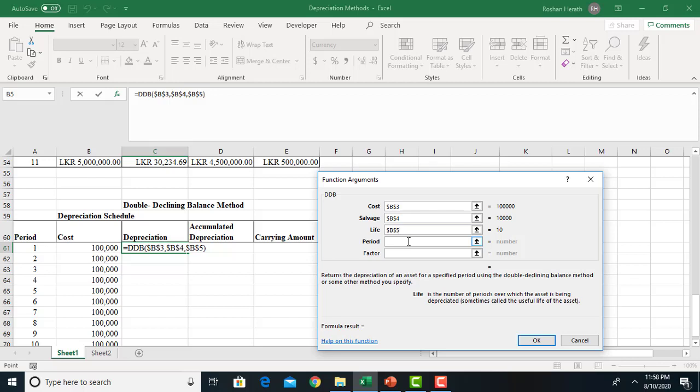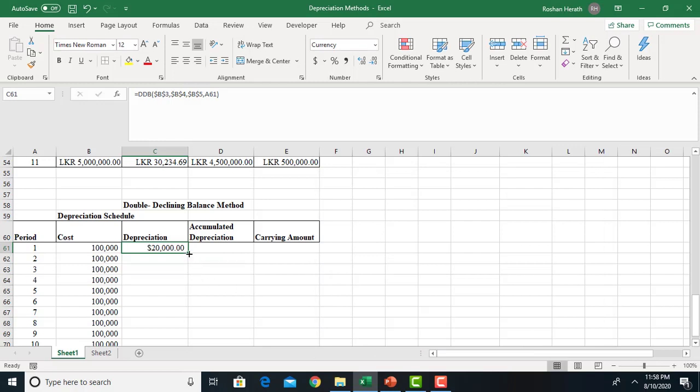Then the period, which is going to be a relative cell, because the depreciation changes from period to period. The factor, you are simply going to ignore in this instance, and later we may explore that. If you ignore this, it is assumed to be 2. Okay, now you can simply take this down and see.